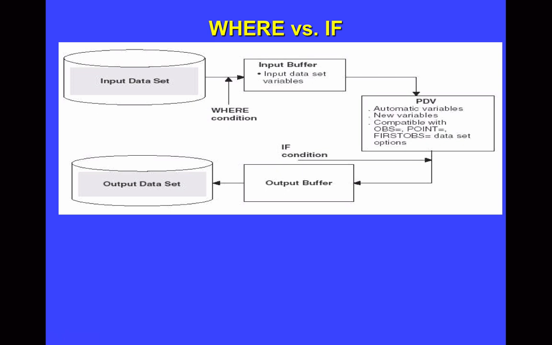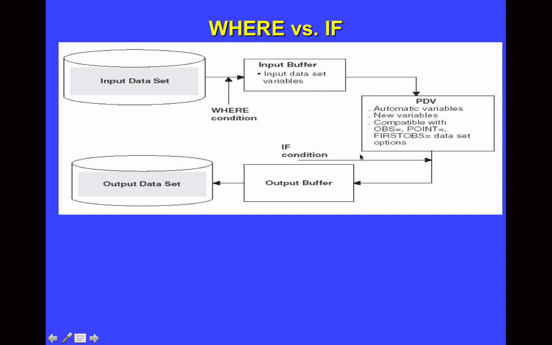The output data set is the actual data set that you specify at the very beginning of a data step in your data statement. So two key points here that I want to reiterate. The first is that where conditions operate early on in the data stream, and they operate at a time when the only variables available for SAS to operate on are the variables that were contained in the original data sets.